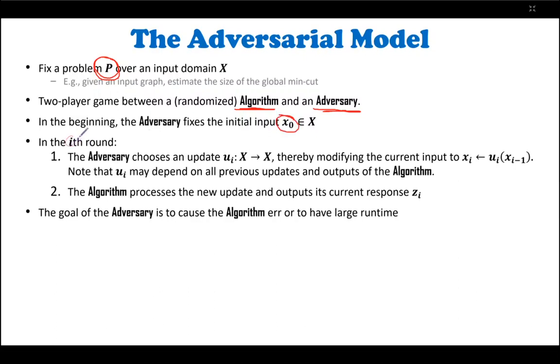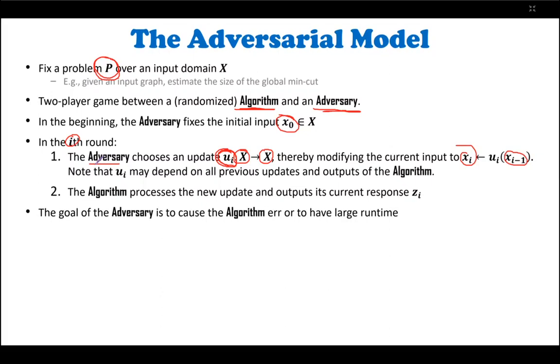Then, on every round, the adversary chooses the next input update, and we can think about this input update as a function that maps inputs to inputs. So by specifying the next input update function Ui, this effectively transforms the input from the previous input to the next input.